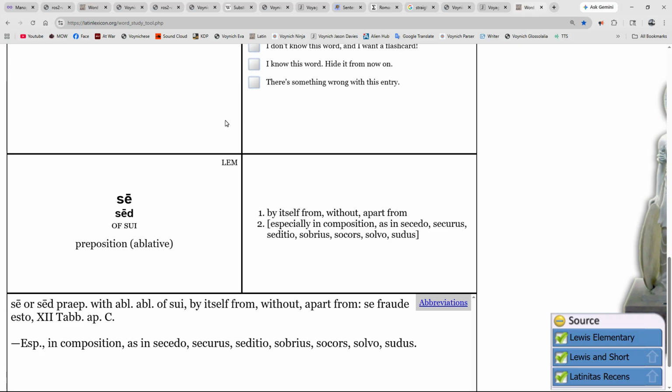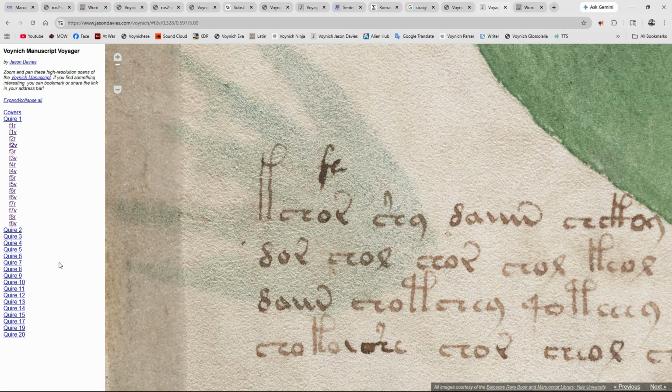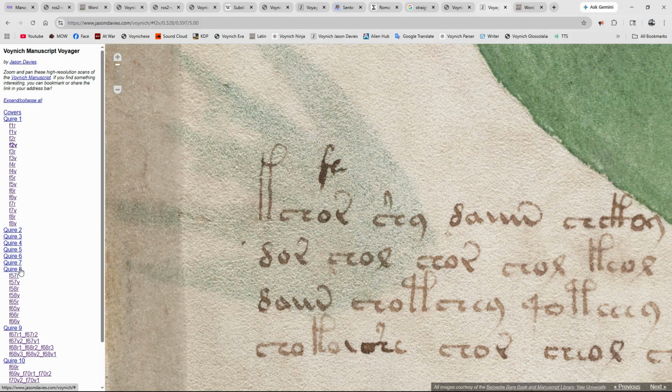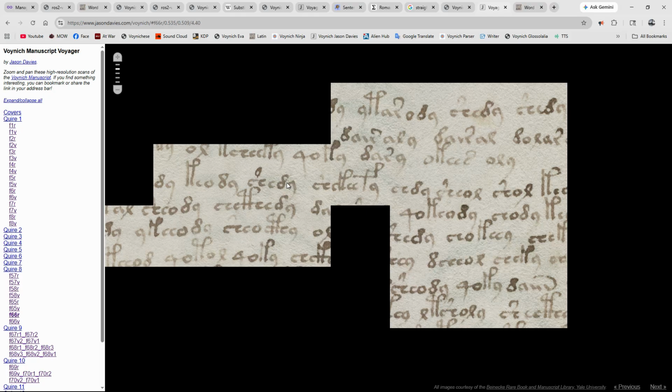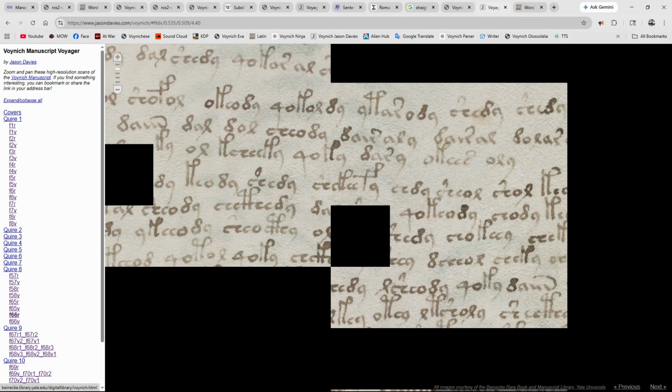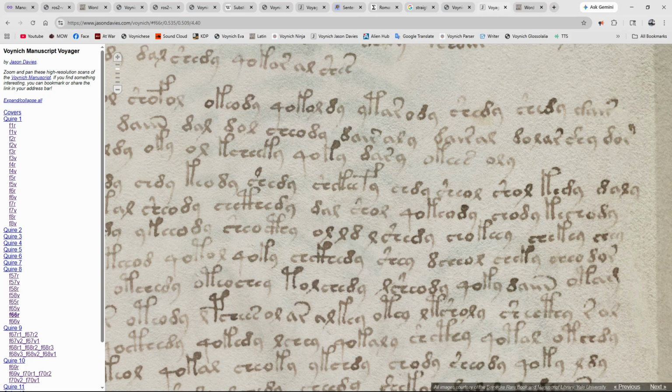There's another word in here on folio 66R, which is another reason why I chose Latin. And this is pretty amazing. A lot of people are using this today.